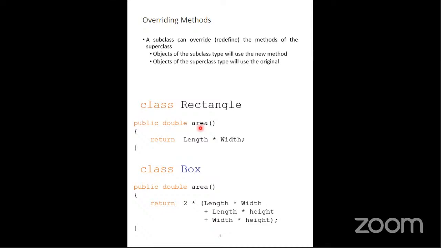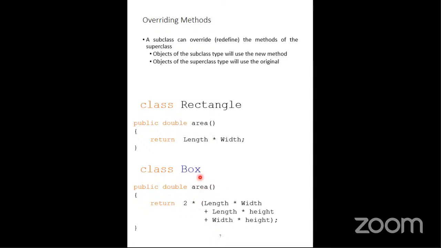But what if I create an object of the subclass? If I say Box B1 is equal to new Box, and then write B1 dot area, there are two areas available. This is available in the Box class, and this itself is also available in the Box class.